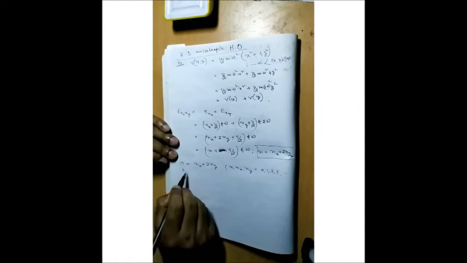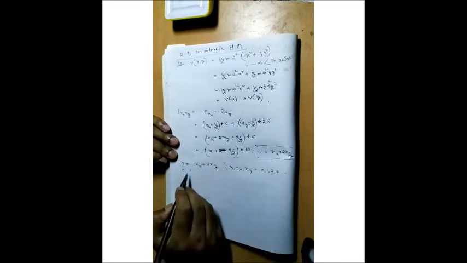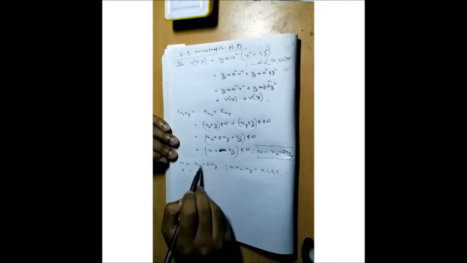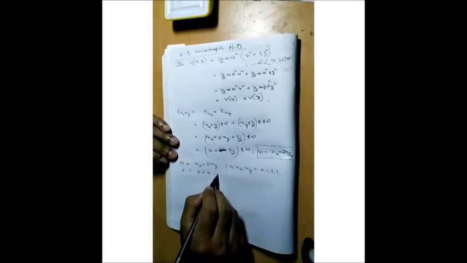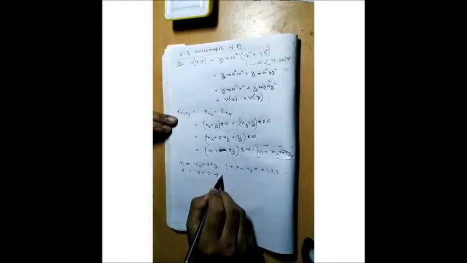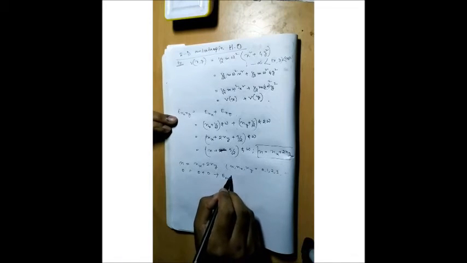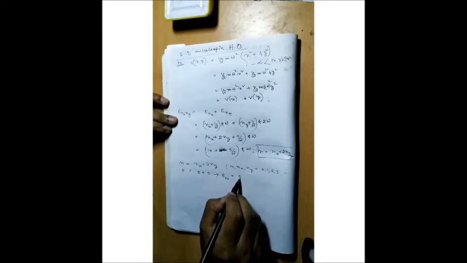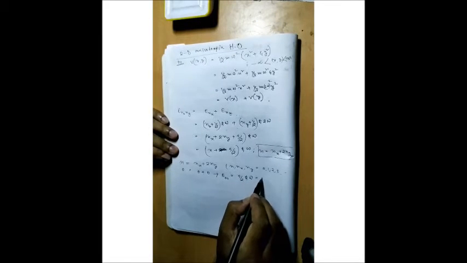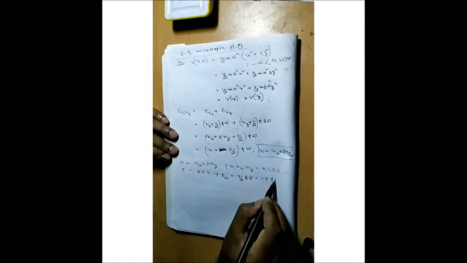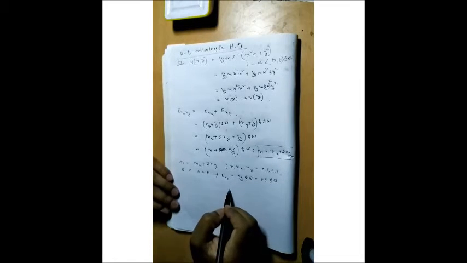So when n is 0, both nx and ny equal 0. Clear? That means corresponding to this, I get the energy eigenvalue E00, which is equal to 3 upon 2 h cut omega, or further I can write 1.5 h cut omega. Clear?